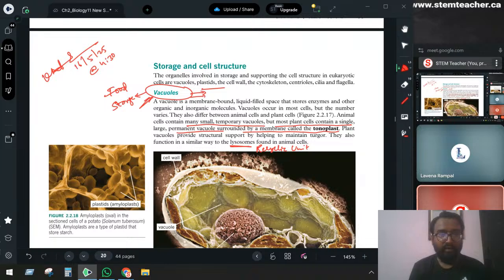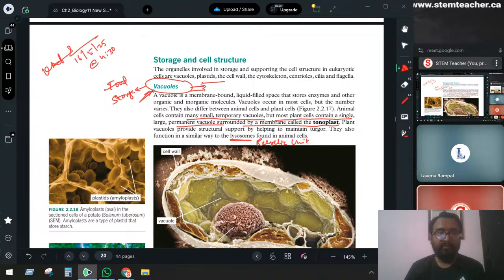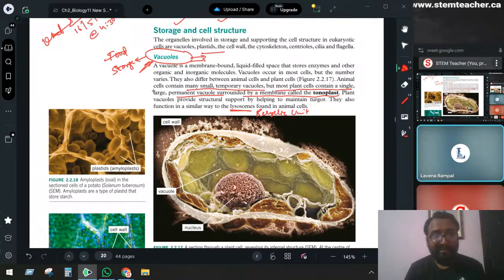So now, it is vacuole and cell structures, storage and cell structures. It collects the food, it collects the energy in one place, in many smaller temporary vacuoles in an animal cell and a large, permanent vacuole in a plant cell. In the animal cell, what happens now? The food is complete. It is a very small and temporary storage.